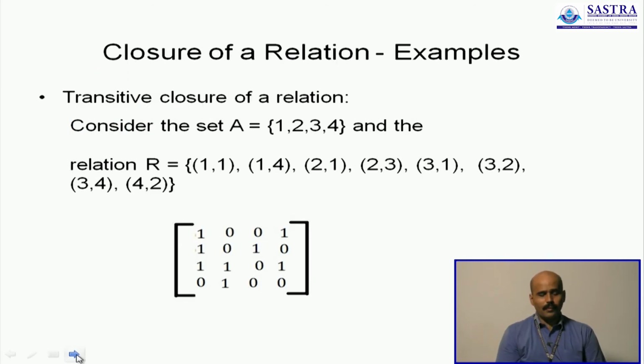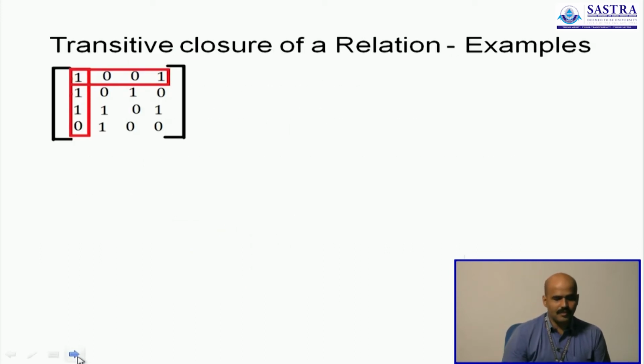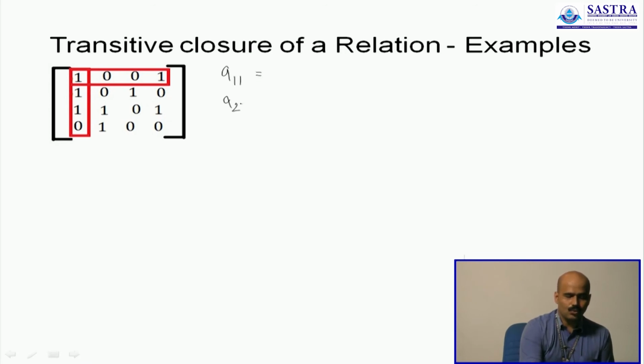Let's discuss one more problem. You have 1 1 and 1 4, 2 1 2 3, 3 1 3 2 and 4 2. Too many ones to start with. We'll start at the first iteration. A1 1, A2 1, A3 1, all of these are ones. You can compare with A1 4.